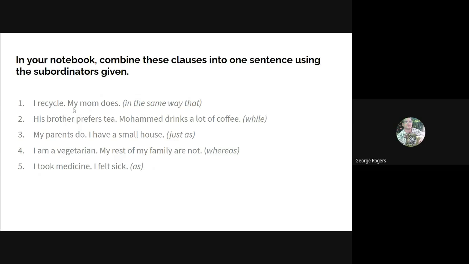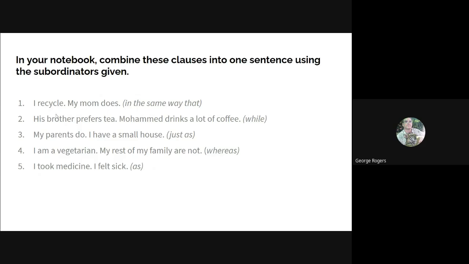Notice this one, my mom does. If that's all you say, my mom does, what does she do? There's information missing. So this is the one that is considered the dependent clause. Even though this is just two words, it has information that goes along with this one.